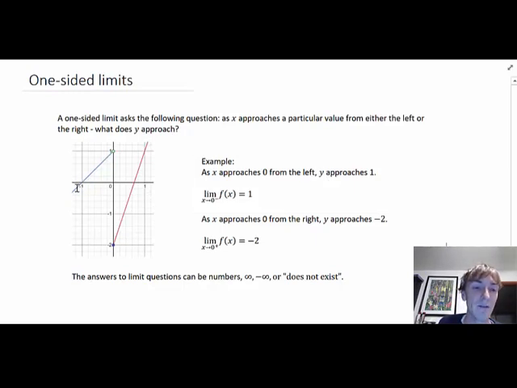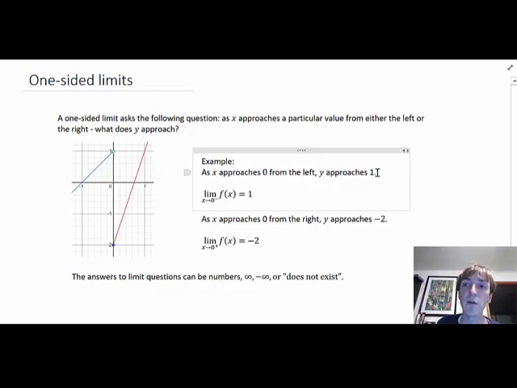Well, I look on the graph, I watch, okay, if I'm to the left of 0, that means I'm on this blue line. And if I'm getting close to 0, then what is y getting close to? y is getting really close to 1. And so what I say is that y approaches 1.